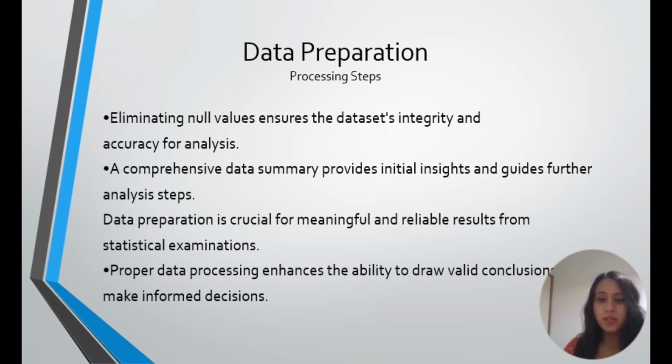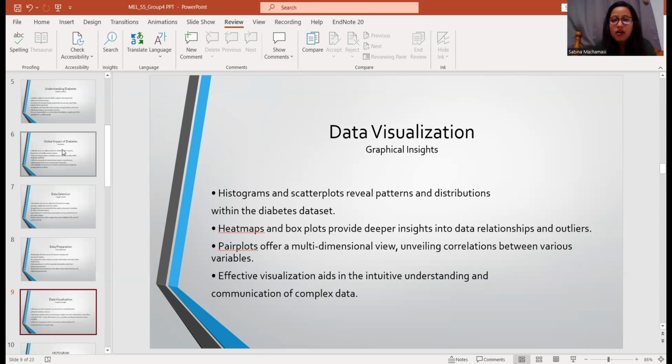For data visualization, we used scatter plots, histograms, and heat maps. After the data selection and the data preparation, the most important step is the data visualization. The data visualization is the major part since it affects the analytics, and with graphical representation, it is very easy to understand and analyze the results and the outcomes.